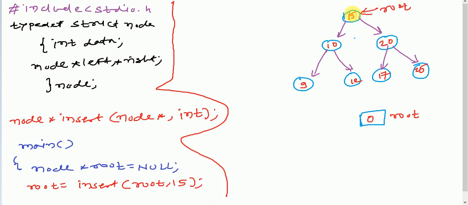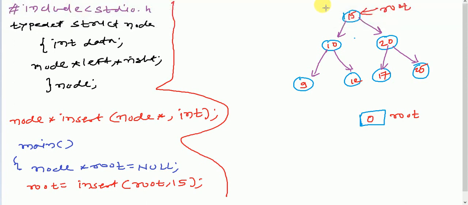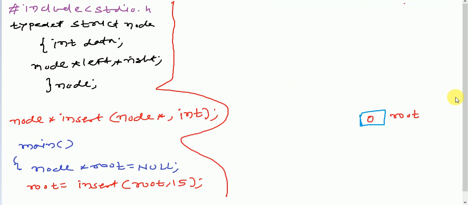Okay, so I remove this particular tree now. So we'll write here the insert function, node star insert.